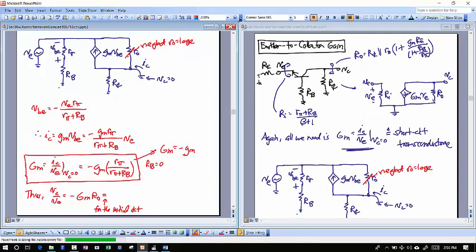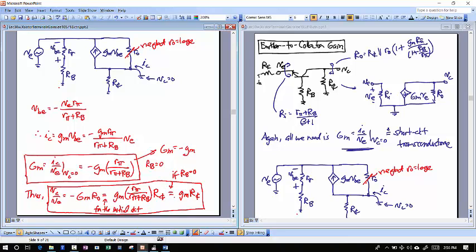The minuses cancel out, and I'm just going to write this as GM times R pi over R pi plus RB, finally times that collector resistor there. Okay? And if RB is equal to 0, the gain simply then is going to be GM times RC, and it's going to be positive gain. Okay? And so this is finally the gain of that circuit that I just drew there. For the two cases, if I have a finite RB and if I have RB equal to 0.